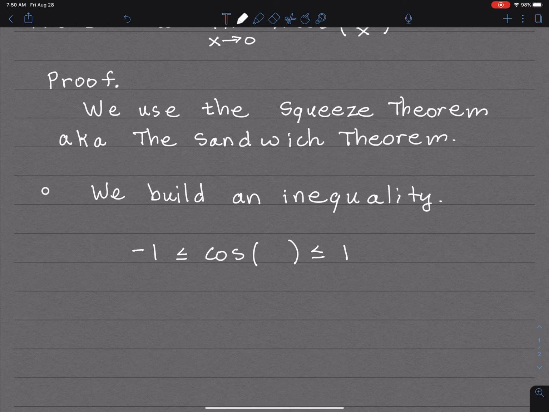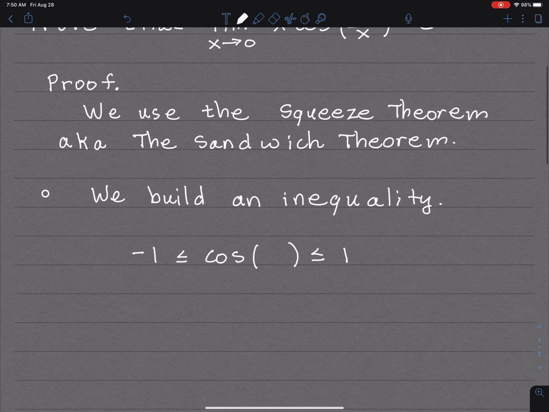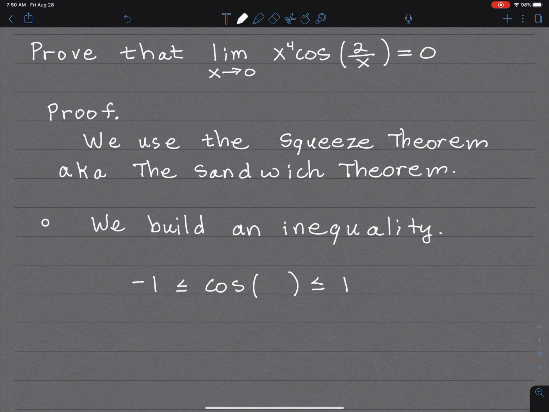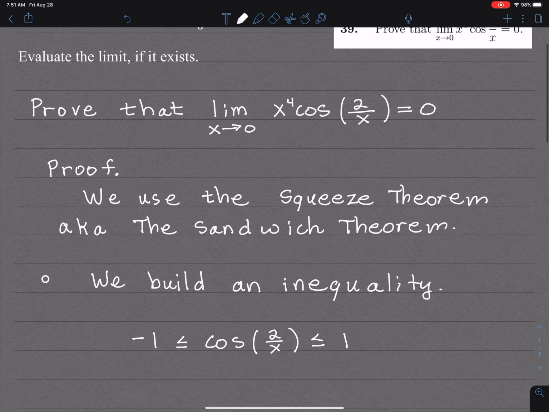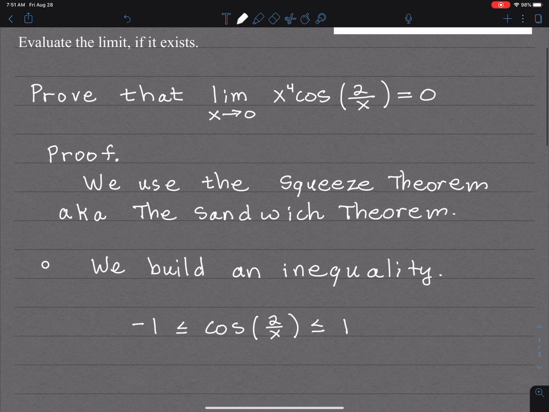Cosine and sine are always bound by -1 and 1, right? And what I mean by inside is that here the input argument for the cosine function is 2 over x. But even if I don't think about what argument I'm putting into the cosine function, cosine is still between -1 and 1. This is the starting point for an inequality that I can use for the squeeze theorem.